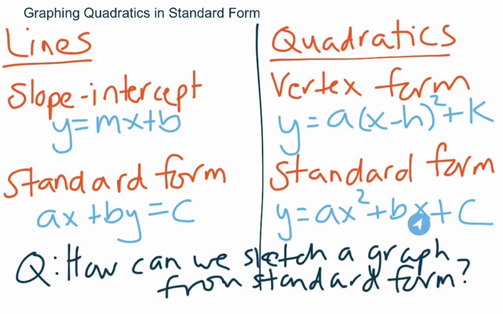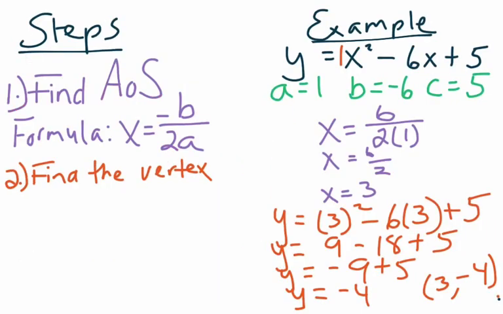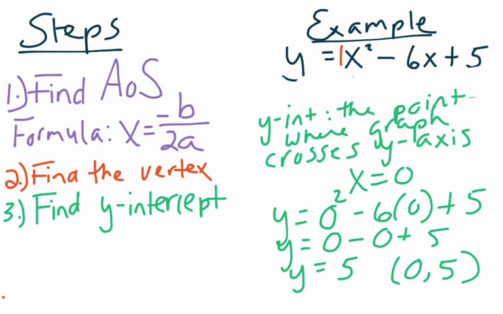So if you plug in a 0 for the x's, you will always be left with just c. And you can see that that's what happened in our problem right here, is we were left with the c value. So the shortcut on this, okay, is that it will always be c.